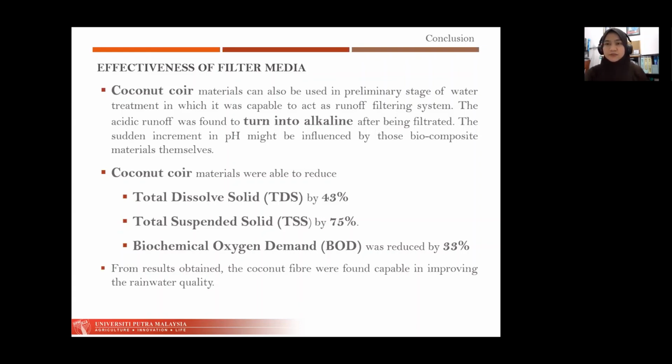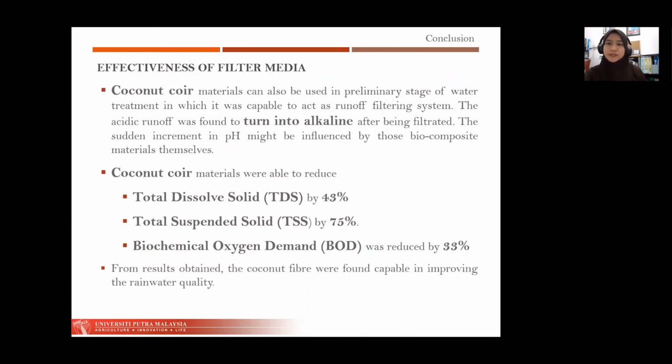The sudden increment in pH might be influenced by the material itself. Both rice husk and coconut fiber materials were able to reduce the TDS by 43% and TSS up to 75%, while the biochemical oxygen demand was reduced by 53% and 33% for rice husk and coconut fiber respectively.